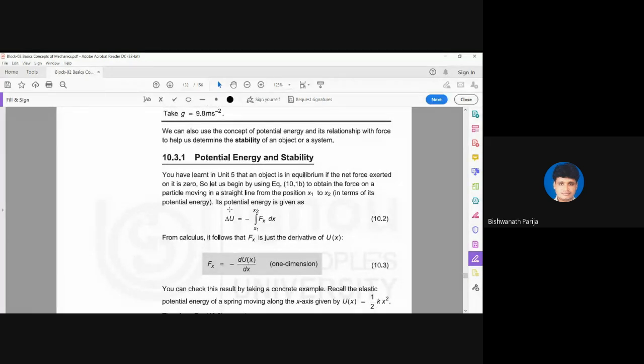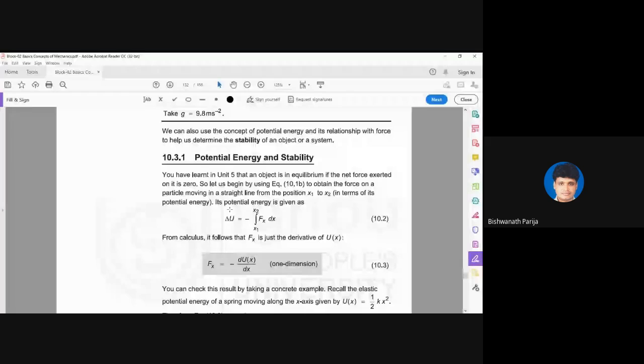Potential energy and its relation with the force help us determine the stability of an object or system. Stability means what relation holds between potential energy and force. So force is equal to negative of the rate of change of potential energy. You see this is an integration.